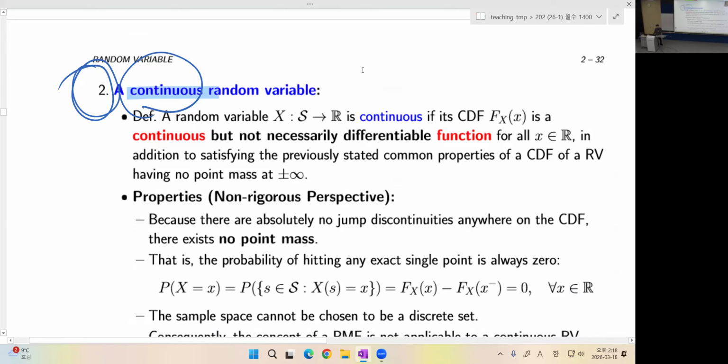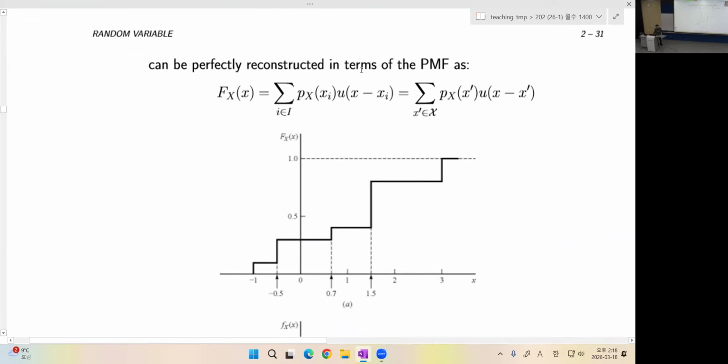And if the CDF is this type of step function, a stairway function, which means piecewise constant with countably infinite jump discontinuities, of course, this is inclusive, exclusive, inclusive, exclusive, this way, because CDF must be right continuous by our definition, then this is a discrete random variable.